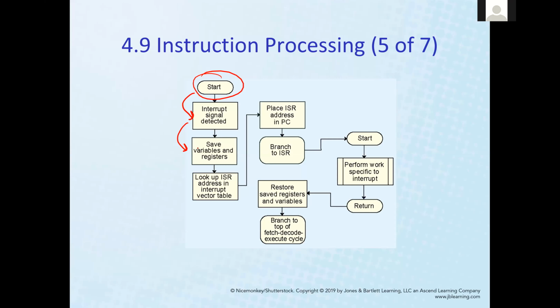So before running any interrupt procedure, the processor has to store all the variables and the registers in the memory and then start the interrupt routine. After saving them, the processor, based on the type of the interrupt, looks up the ISR, or interrupt service routine, address in the interrupt vector table.